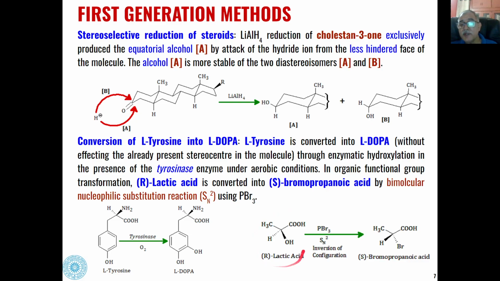Similarly, conversion of R lactic acid into S bromopropanoic acid through bimolecular nucleophilic substitution reaction. We know that inversion of configuration takes place in such types of reactions.